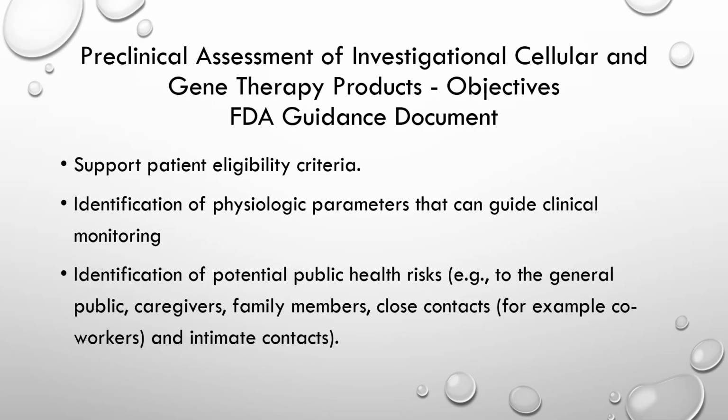And then again, you want to look at the risks to public health. For example, viral shedding and close contacts and co-workers, or anybody who may even be involved in the manufacture of these products, because we did talk about point of care manufacture. So what are the potential risks to public health, to people who are responsible for administering the drug? And we have to get that under control.